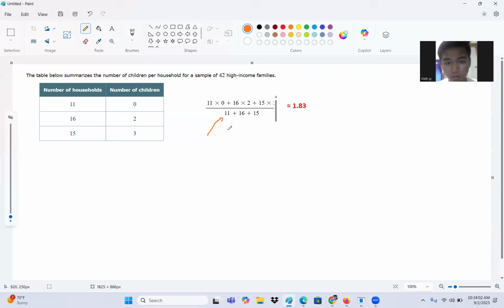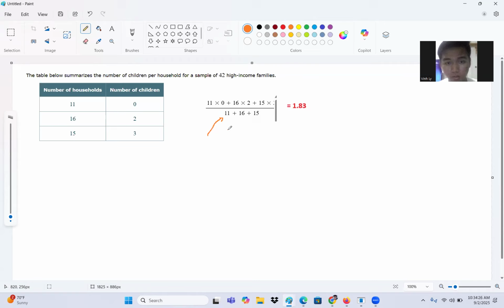Like I said, the average does not represent the dataset value. It simply tells you that people intend to have less than two children, around 1.8, slightly going toward two children instead of none. So that's the weighted average.